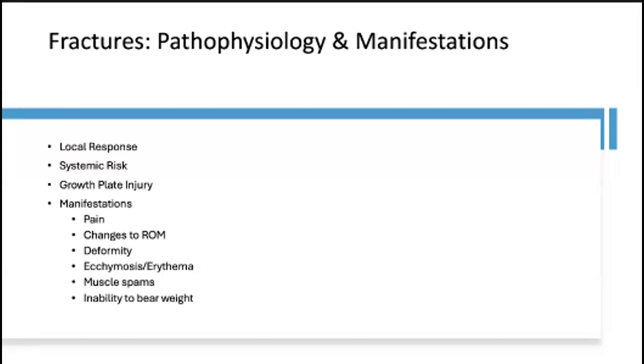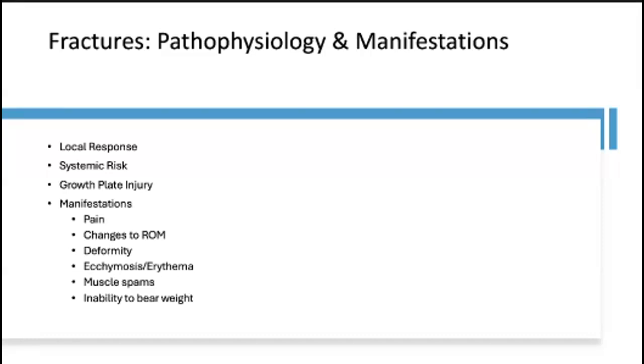Are there systemic risks associated with fractures? In long bones, we can develop fat embolisms, where fat droplets from bone marrow can enter the circulation and cause respiratory distress and neurological changes. We can also end up with hypovolemic shock because we can have excessive bleeding, which could lead to signs like pallor, cyanosis, shallow breathing, and decreased level of consciousness.